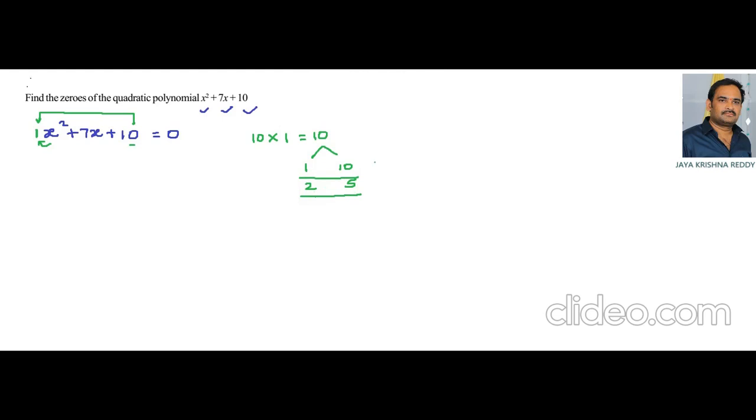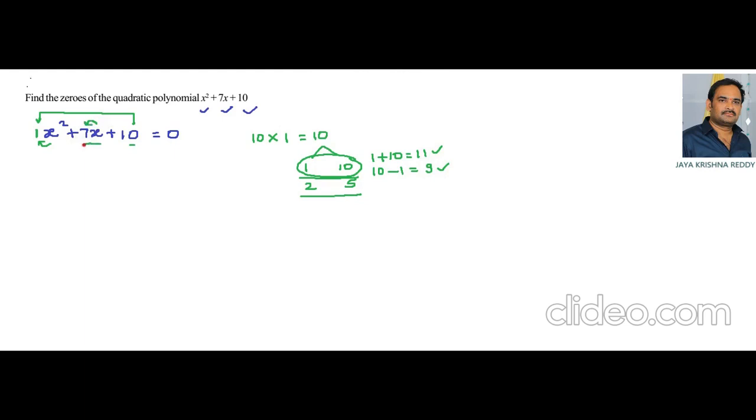Suppose in the first pair we have 1 and 10, two numbers. If you add these two numbers, 1 plus 10, you will get 11. And if you subtract the smaller one from the big number, that is 10 minus 1, you will get 9. Now you should compare that value with the coefficient of x.